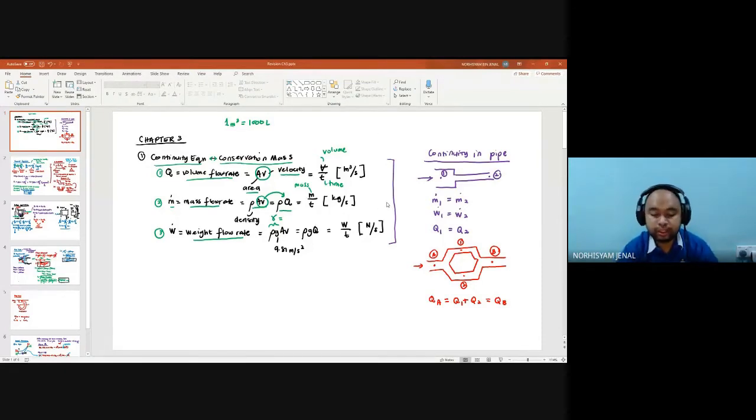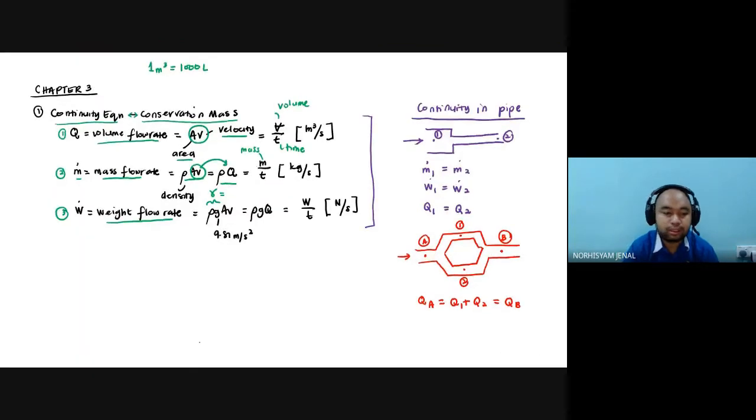Okay, so it is equal to rho G. This is what we call specific weight. Alright, so rho G AV, G is 9.81 meter per second square.